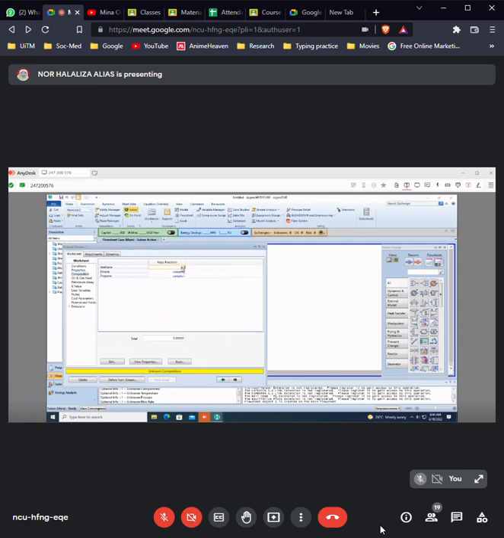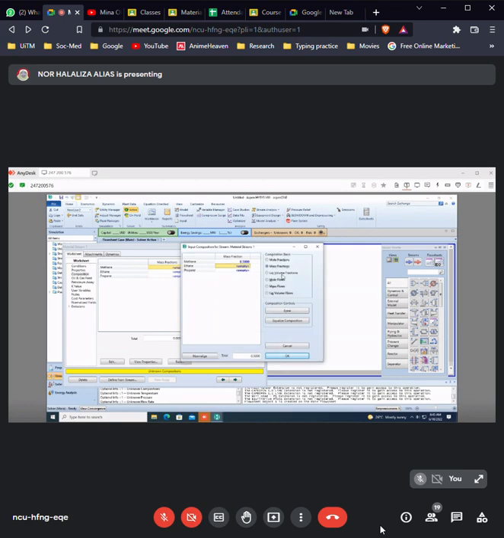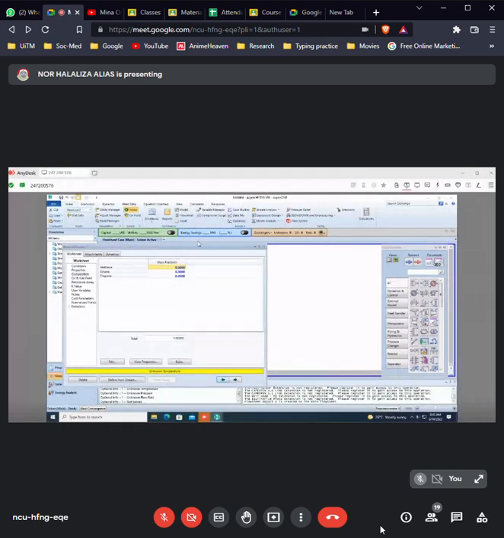So methane is 0.5. Okay, and then the next one you have 0.18. Okay, 0.3, and the last one is 0.2. So make sure the total is 1, then you click OK.